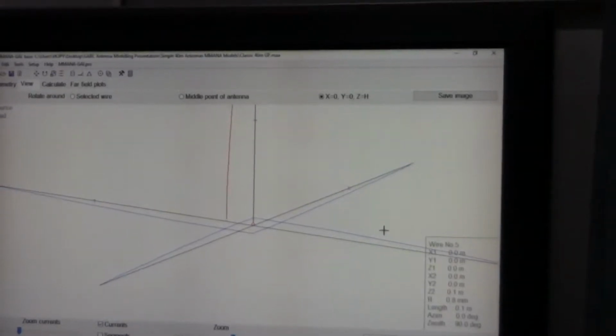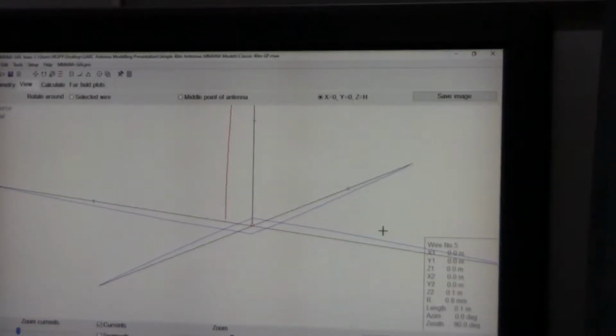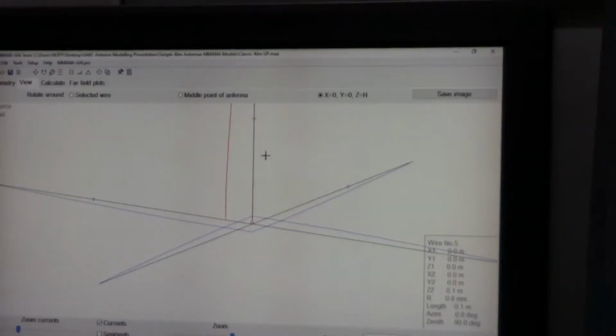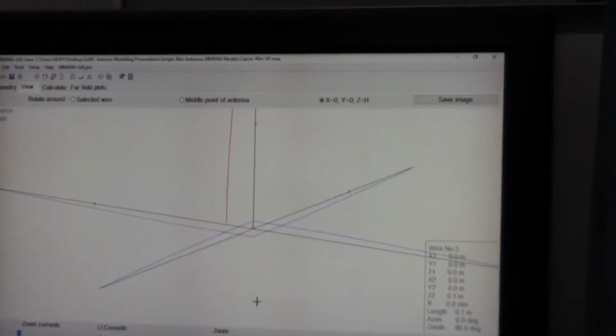But at a distance, they add up to zero because the currents are in opposite directions and therefore radiating opposite phase. So diametrically opposite ones always cancel.